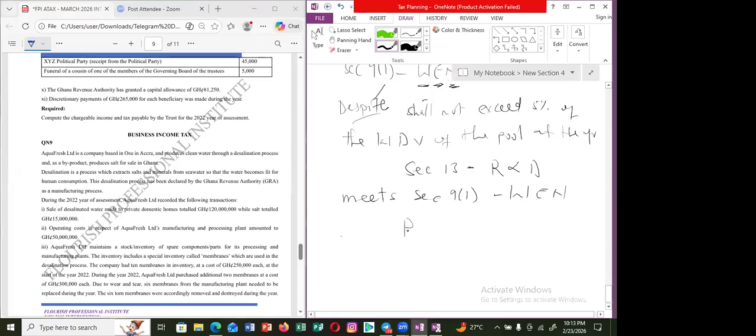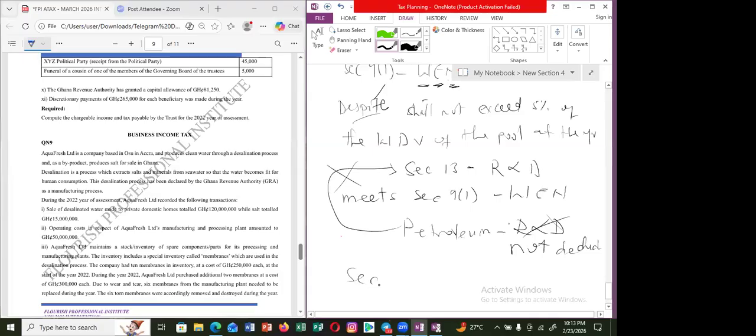Remember, under petroleum and mining, R&D is not deductible, irrespective of section 13 of Act 896. It is not deductible under petroleum, right?